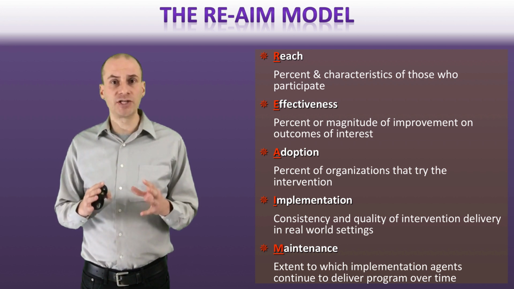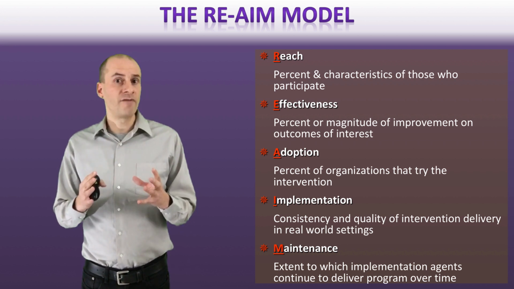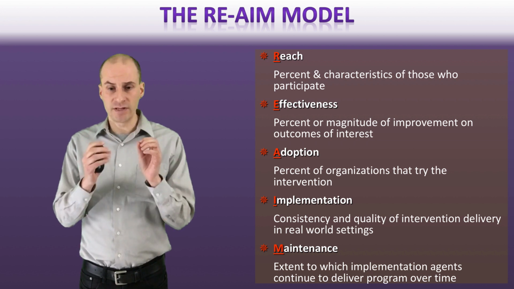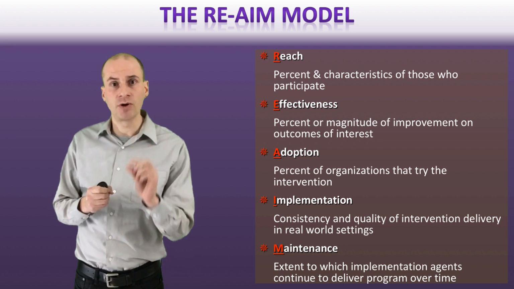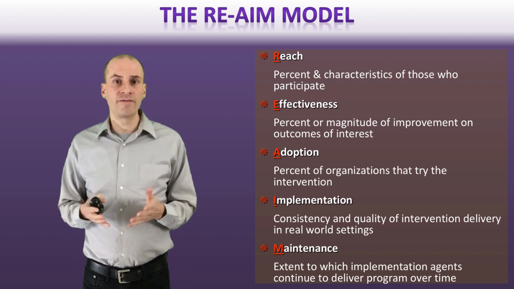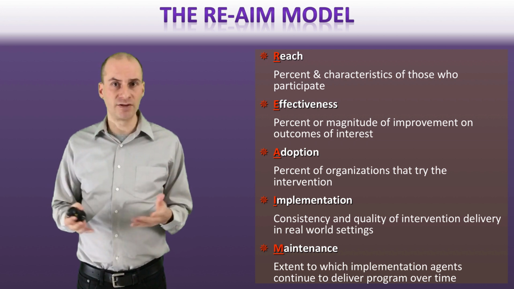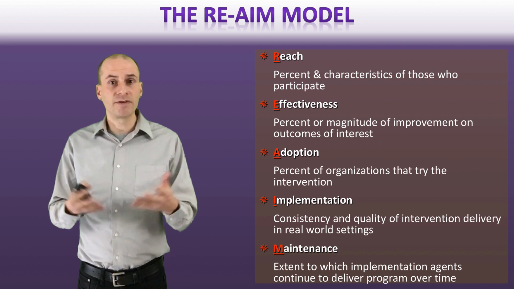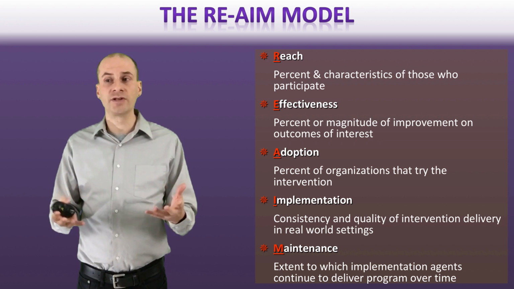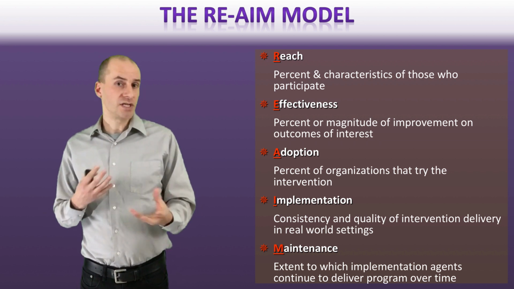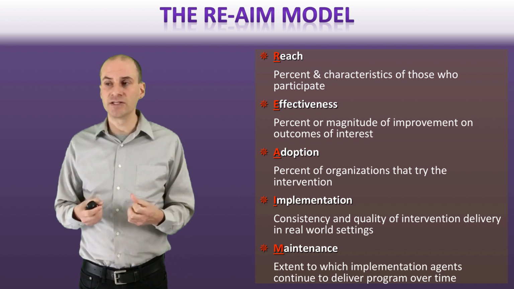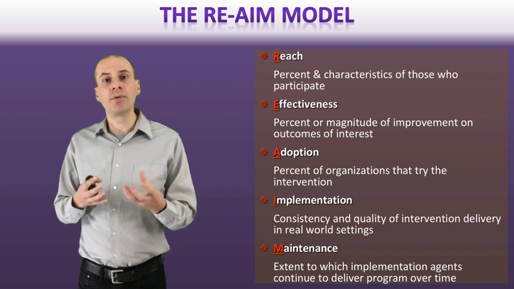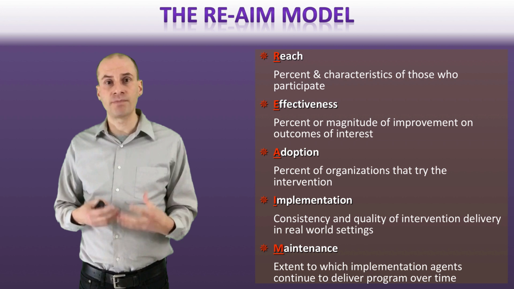There are certain interventions that don't have very high reach because they're very expensive and you have to focus them in on a very small number of people. Whereas other interventions, for example, internet-based interventions, are capable sometimes of reaching a whole range of different folks. And there's different strategies, and each of them have their advantages and disadvantages. But the question here is, how many people are actually getting access to this public health intervention?